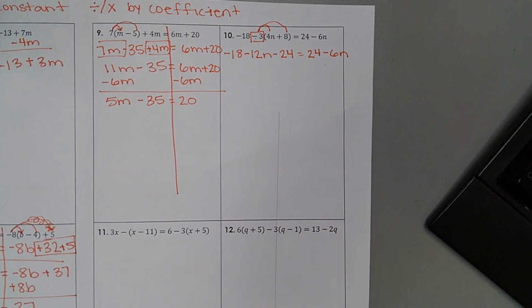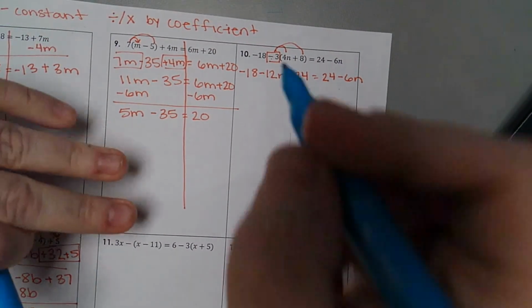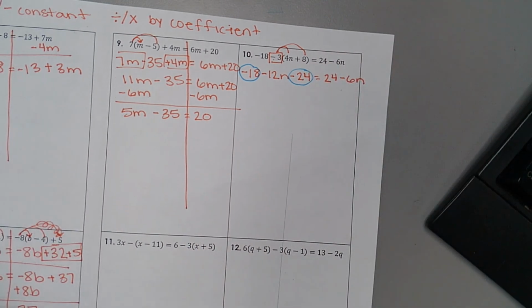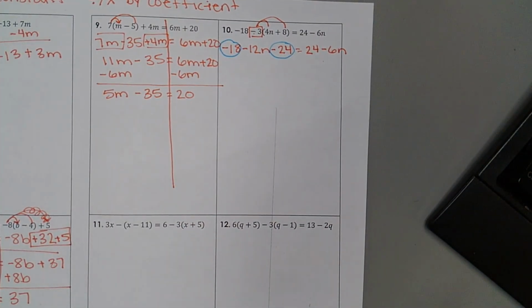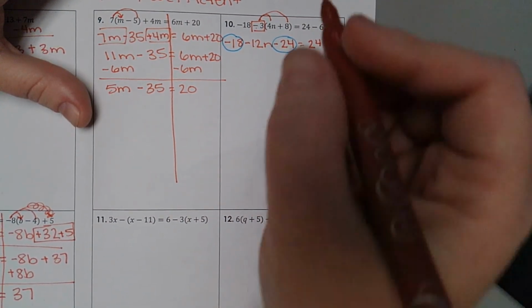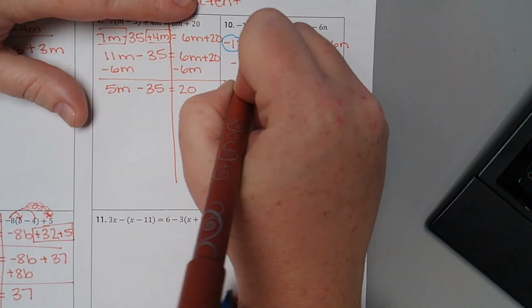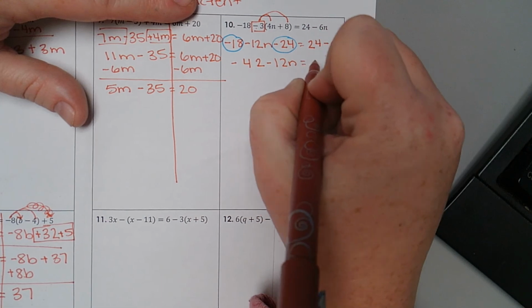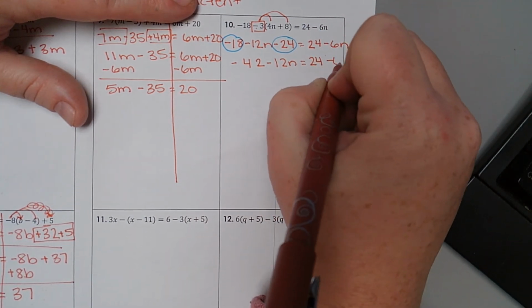Alrighty, I have some terms I can combine, and they are both negatives. I have negative 18 and negative 24. When I combine those two, I get negative 42 minus 12n equals 24 minus 6n.